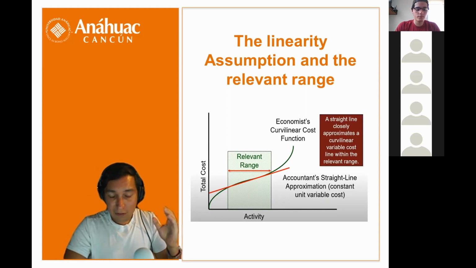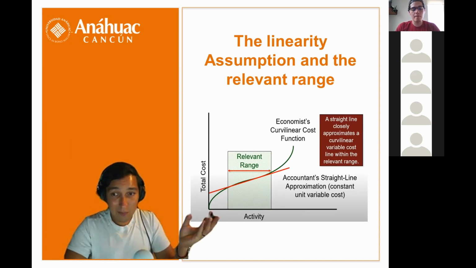So let's imagine that we are running a widget plant and we are making widgets. If we make just a few units of widgets, those fixed costs are only spread over those few units, so they are quite expensive. But as we make more and more of them, we hit this sweet spot.